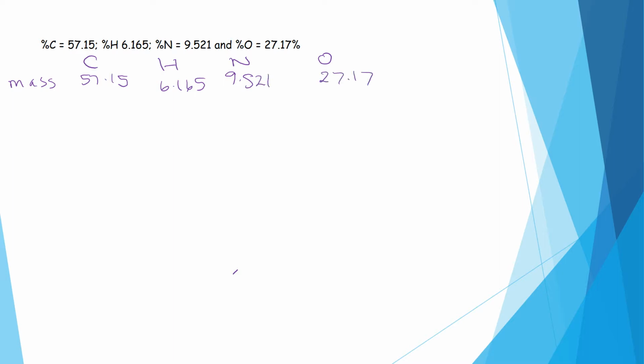Now we need to convert these to moles, and remember, to find a mole we go number of moles equals mass over formula mass. So we're going to divide by the formula mass of each element, 12.01, 1.008, 14.01 and 16.